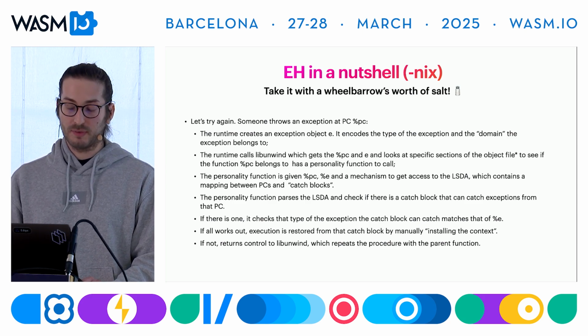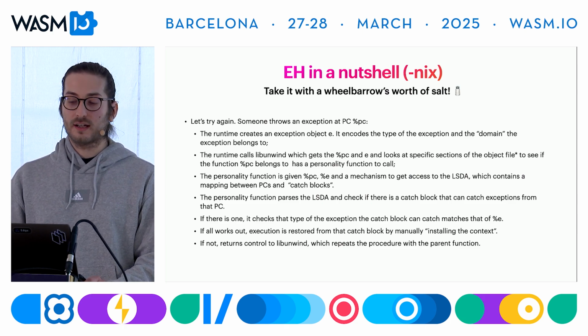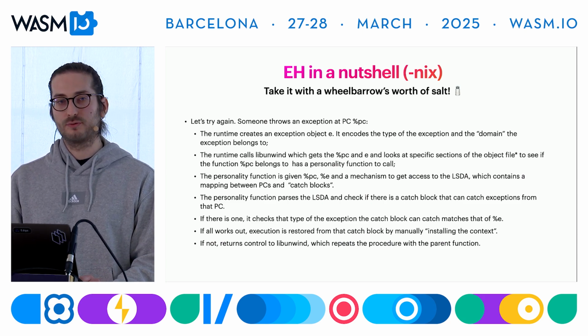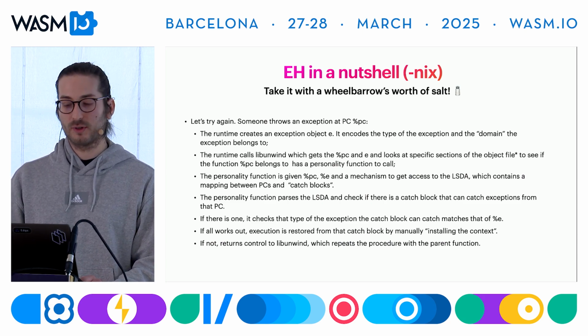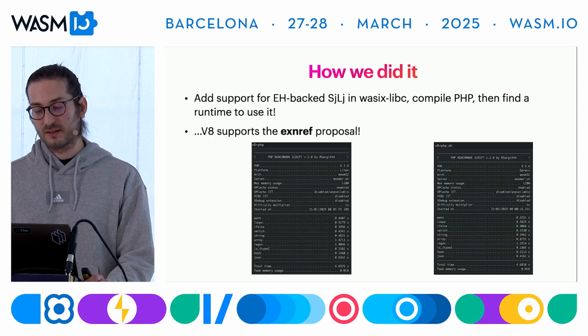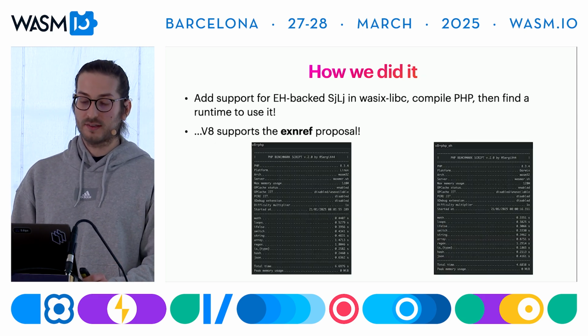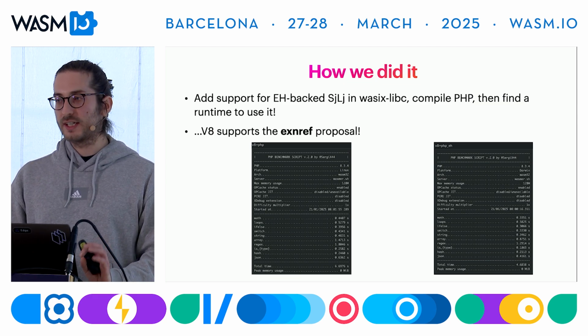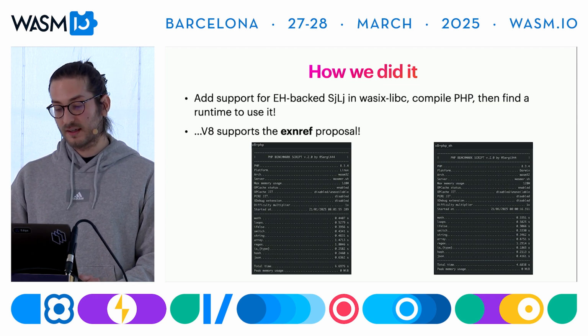Of course, this means that you need to unwind the stack, and if you don't find any function that can handle this exception, you're out of luck, and libunwind will be glad to inform you that there's something wrong. No one caught the exception. And so, now, we perfectly understood how it works from the theoretical side of things.